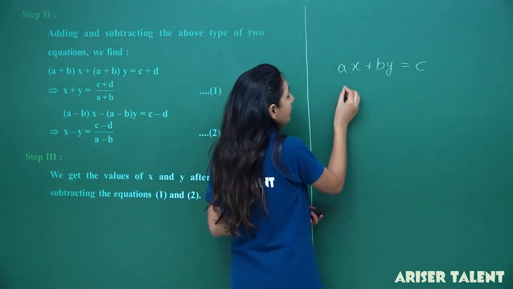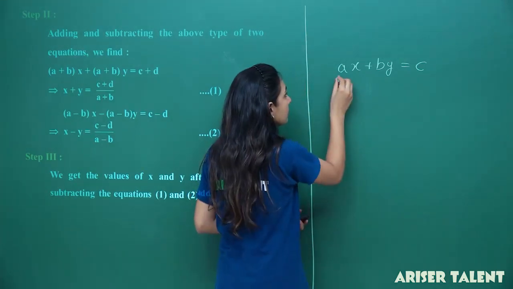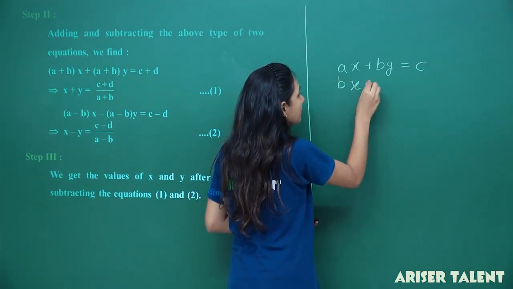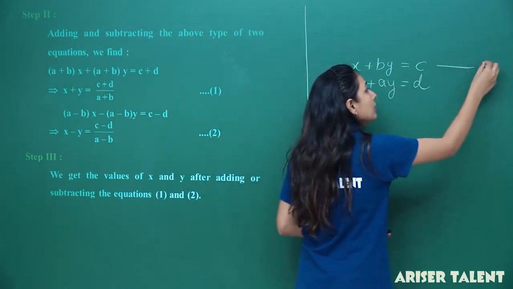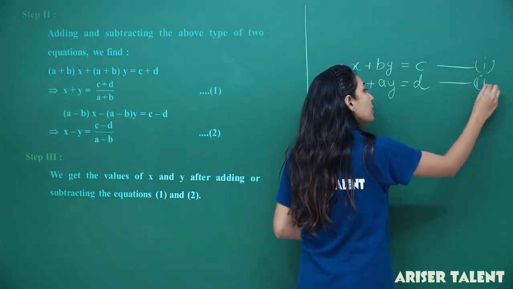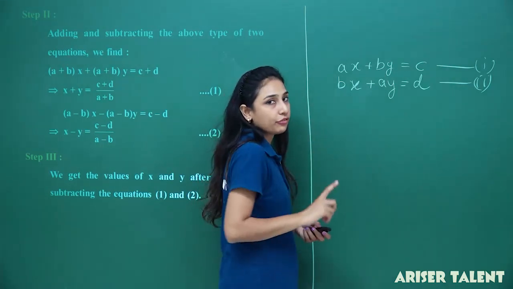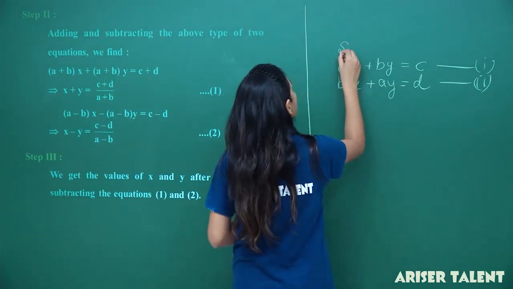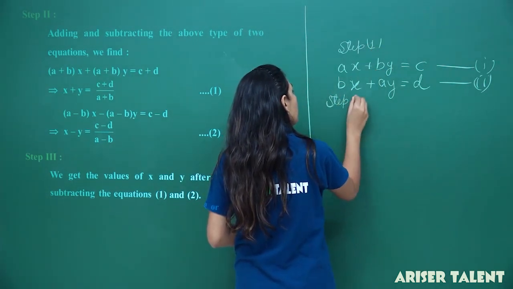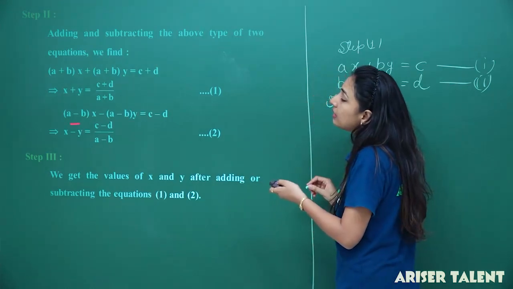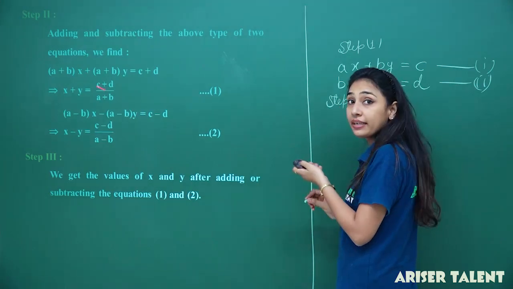And the second was bx plus ay equals some constant d. These are two equations, and if the equations are not in this kind of format, we will make them in this kind of format. This is our step 1. Now, step 2 is, if we add or subtract the above equations, what will we find?